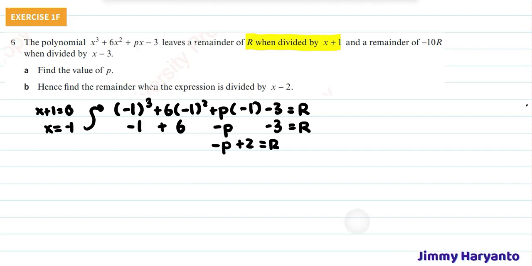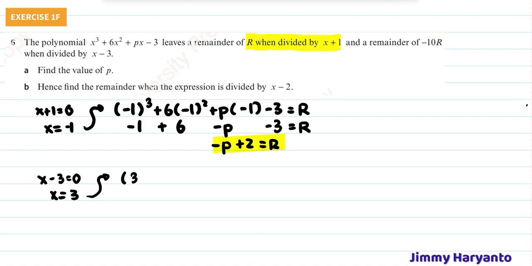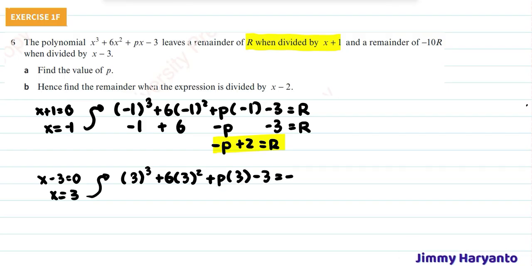So from the first equation we already have the value of r, and then from the second equation we have x minus 3, x equals 3, I mean from the second sentence, and then the remainder for this one is negative 10. You will do it just like the x equals negative 1, input the 3 into the polynomial, p times 3 and then minus 3, but this time the remainder is negative 10.